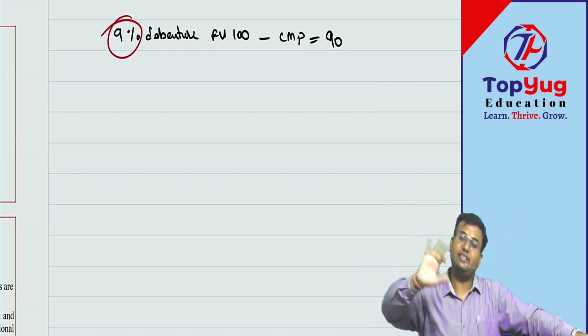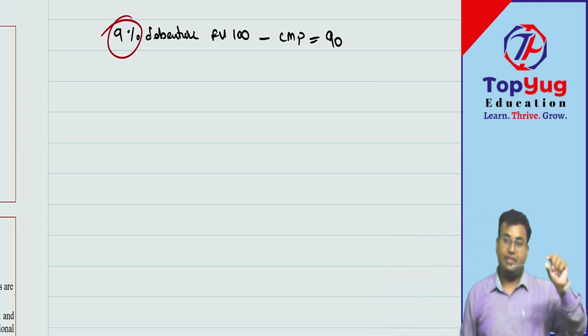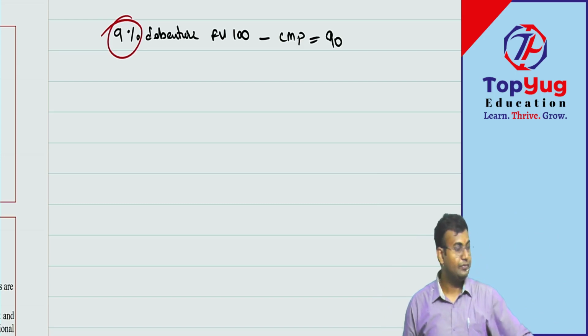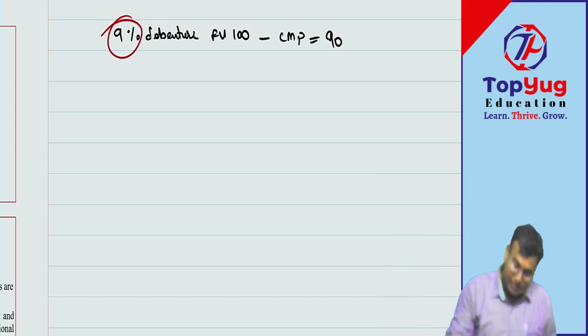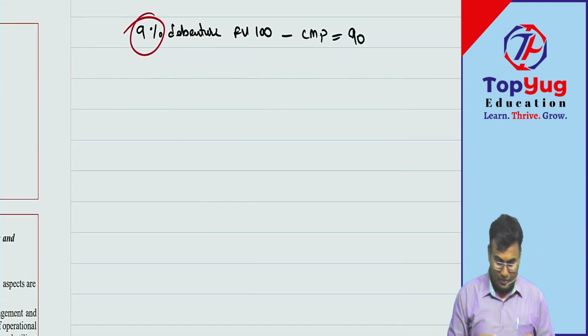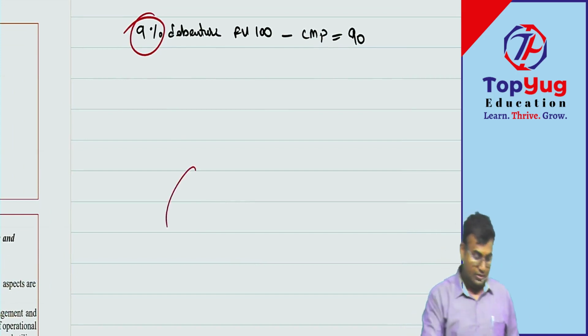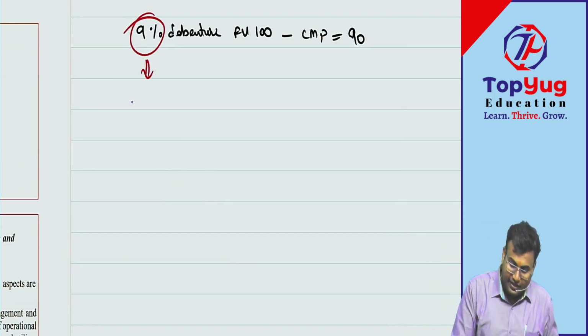So that is a script, right? So my question is, what is this 9% technically called? Tell me. Yes. This is technically called a coupon.